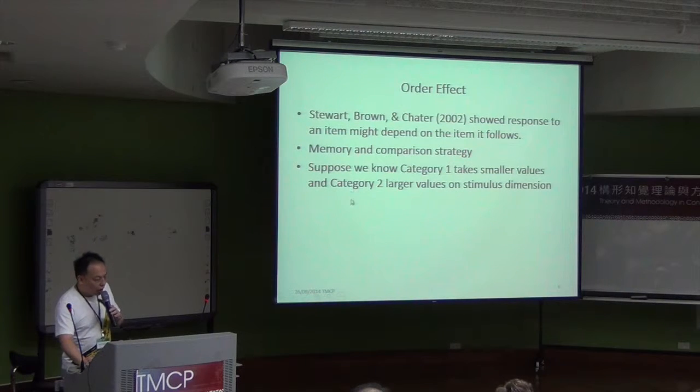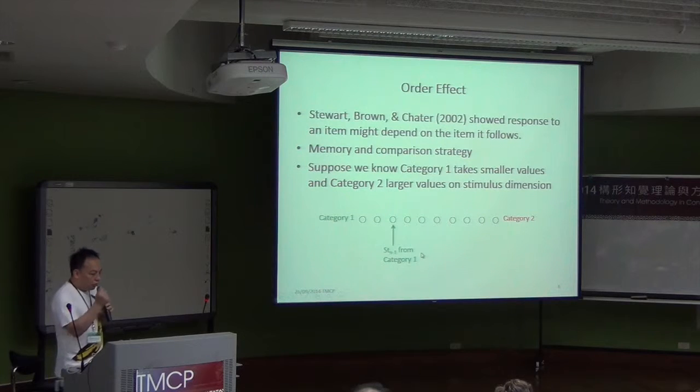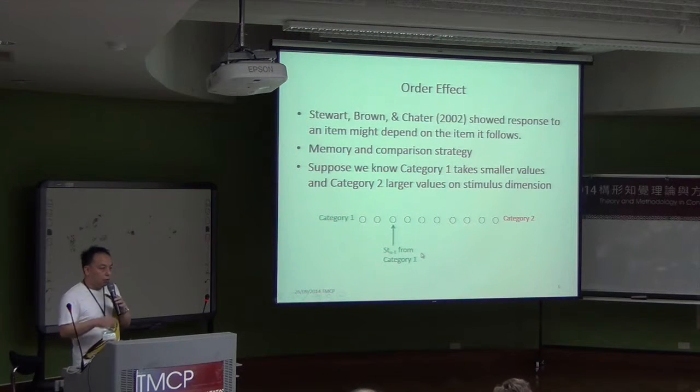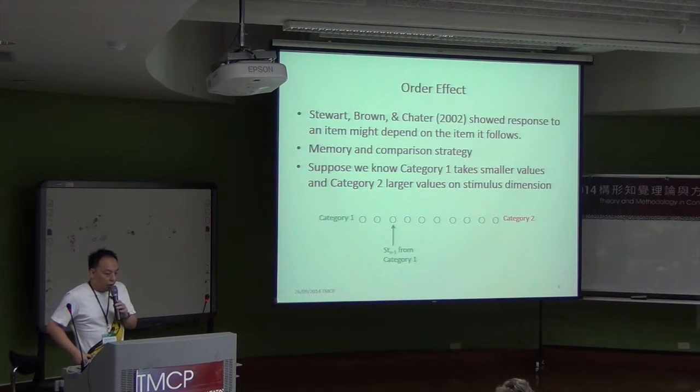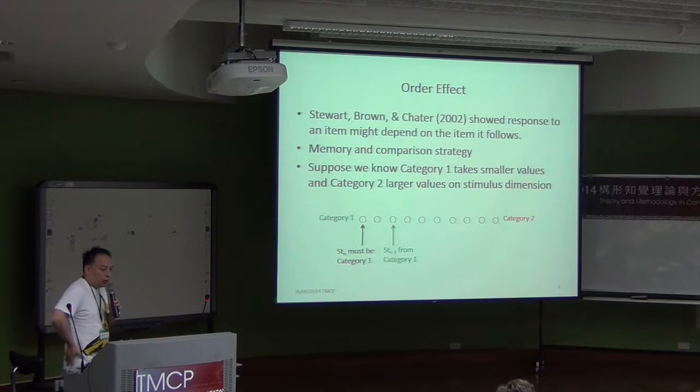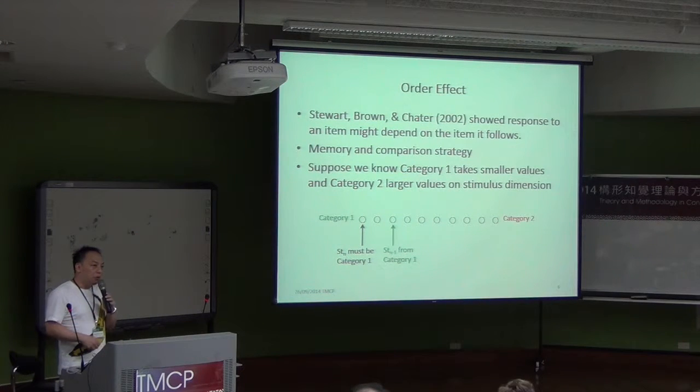in 2002. Suppose we just know that category 1 takes a smaller value. Okay, so that's here. And category 2 takes the larger value, that's there. If you get the stimulus here on trial n-1, and you also know this is from category 1, and now you get this one, you will say, well, it must be 1 because I know the smaller should be category 1, and the previous is category 1, and this one is even smaller than the previous one.